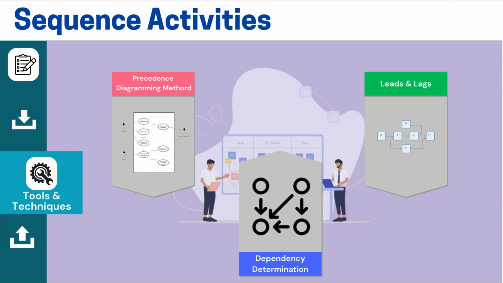This method involves placing activities in sequence using diagrams, such as the activity on node or activity on arrow methods. A precedence diagram helps visualize the sequence of activities, showing their flow and dependencies. This makes it easier to understand how tasks connect. Another key aspect is dependency determination, as well as leads and lags.